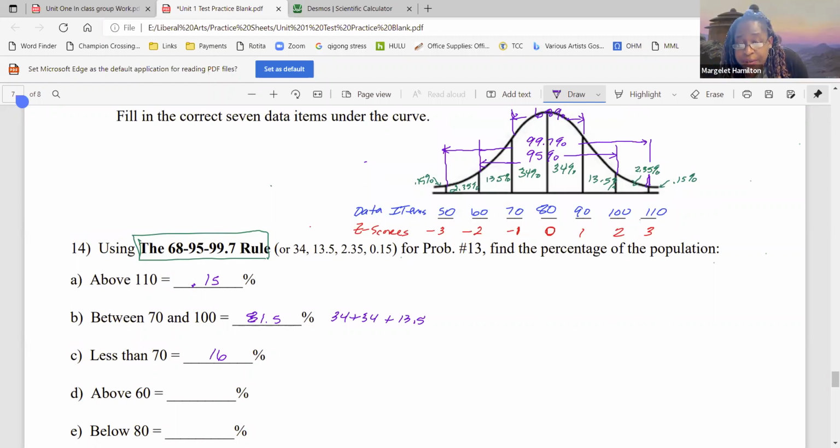Above 60. So if we're standing here on 60, above 60 will be everything over here. Do we agree? Yes, ma'am. Everything. So 13.5, 34, 34, 13.5, 2.35, and 0.15. You're adding up all of that. And you should get what? 97.5.